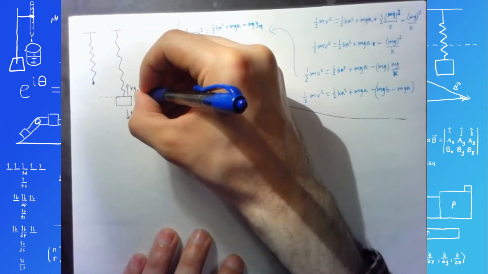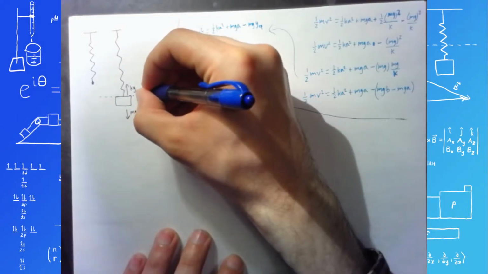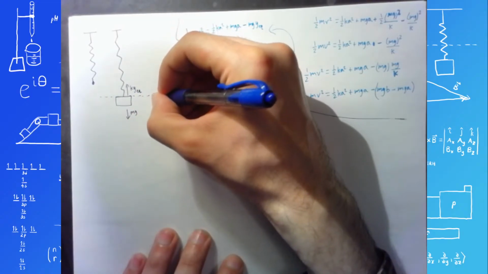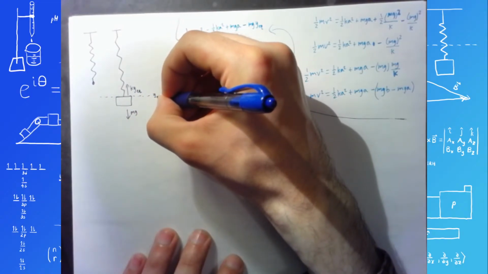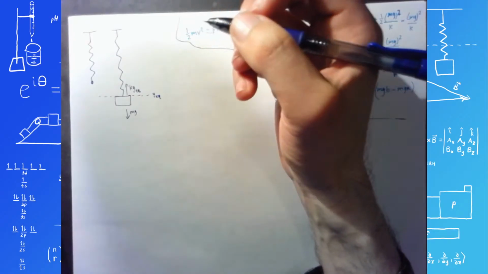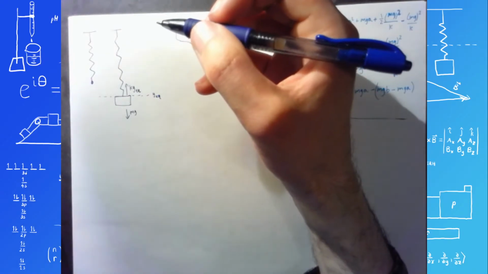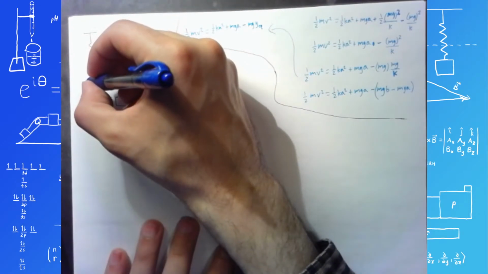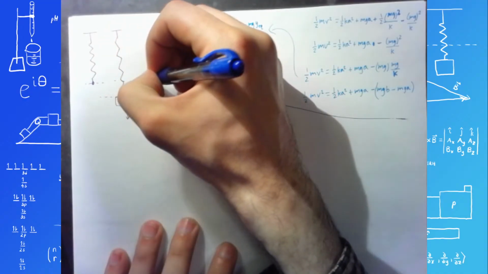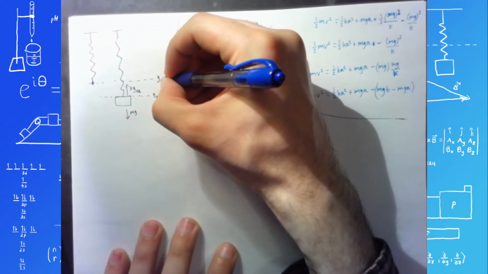Or to be more specific, what I'm going to call y equilibrium. So this I'm calling y equilibrium, the new equilibrium position, compared to the old equilibrium position, which I guess I will call y0.